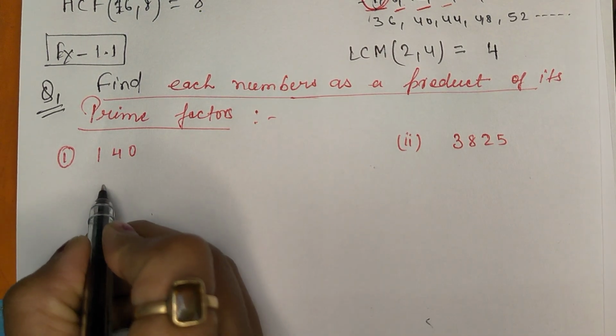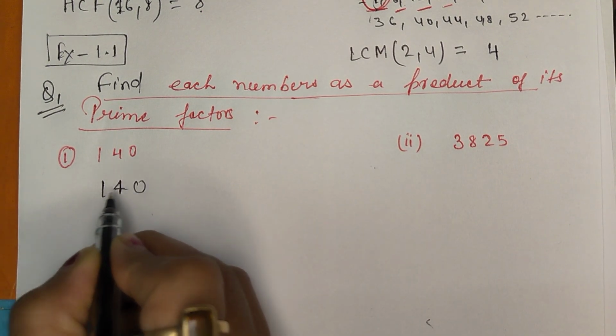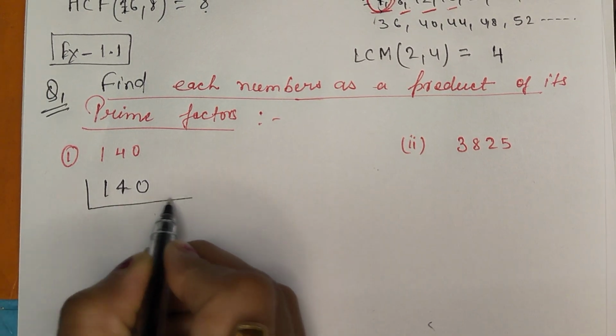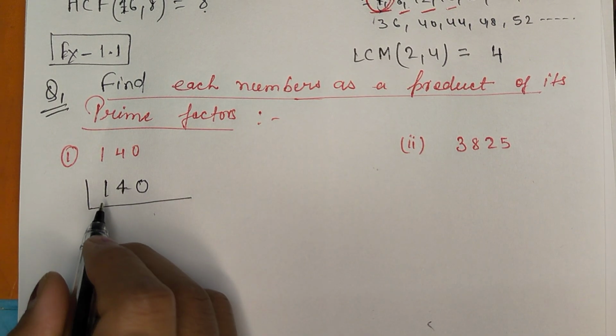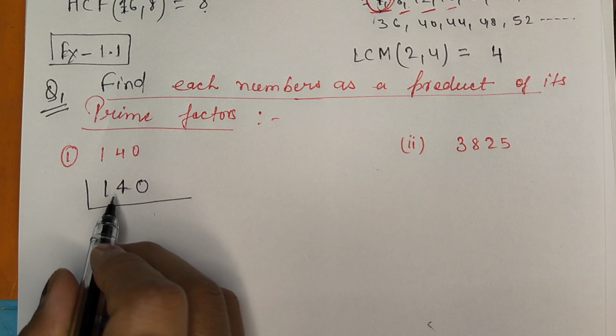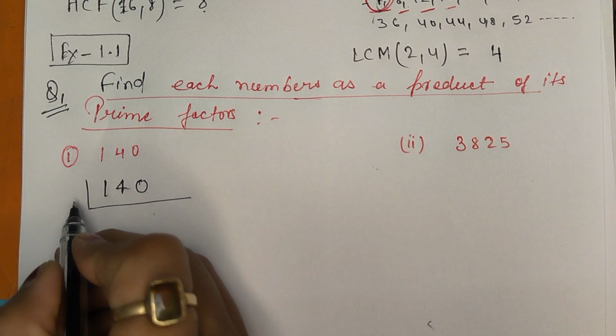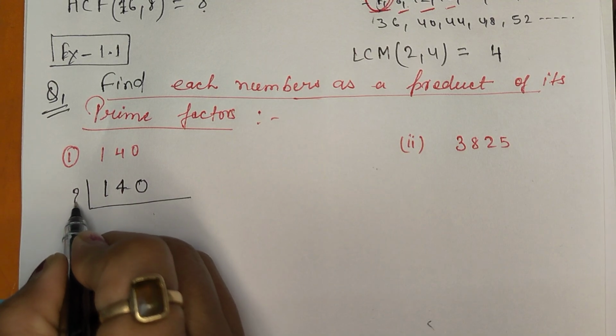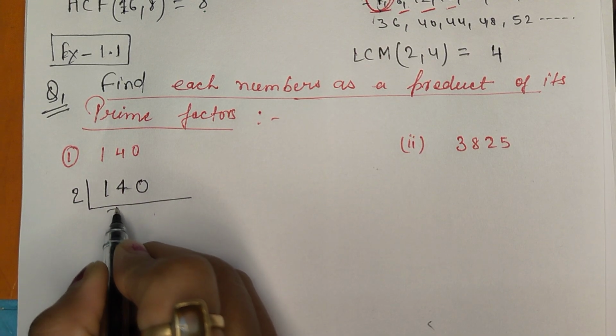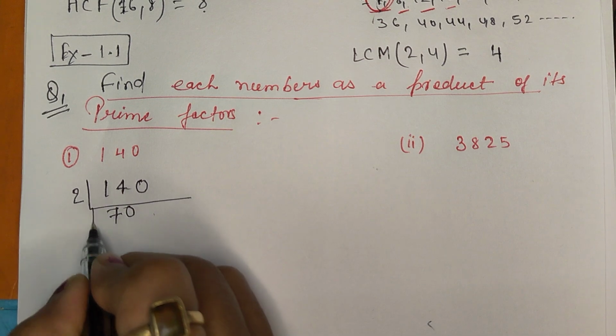You write it this way: 140. Take a number which completely divides this number. So 2 completely divides 140.